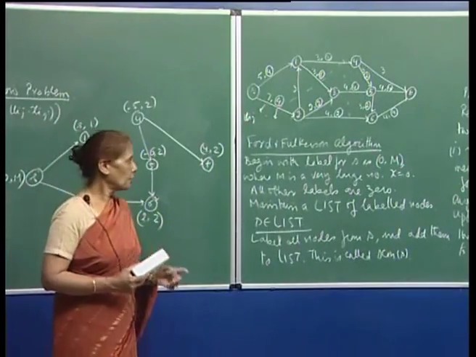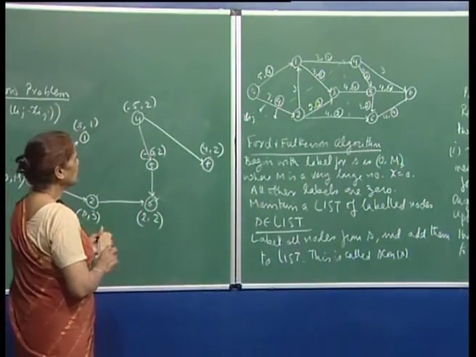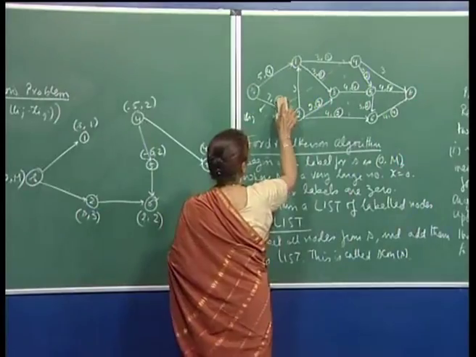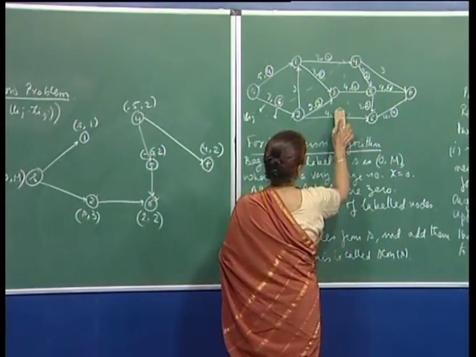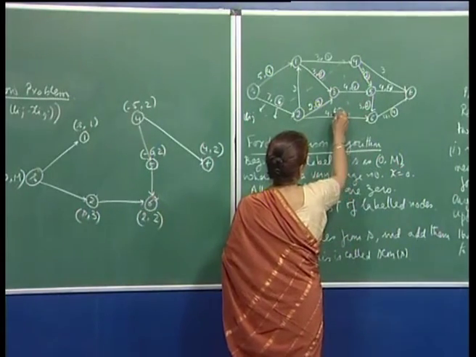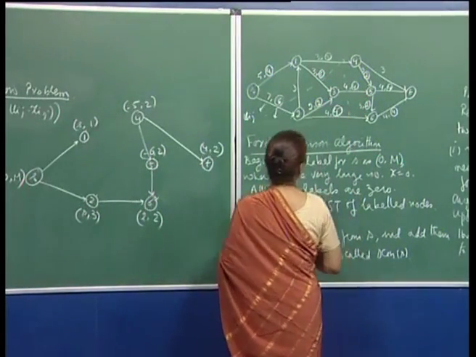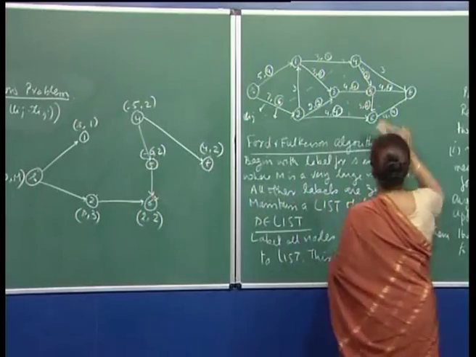So, I can augment the flow by 2 units, and so therefore, these numbers will go up, right. So, here this number will go up to 6, and this will go up to 4, and then this number becomes 0.